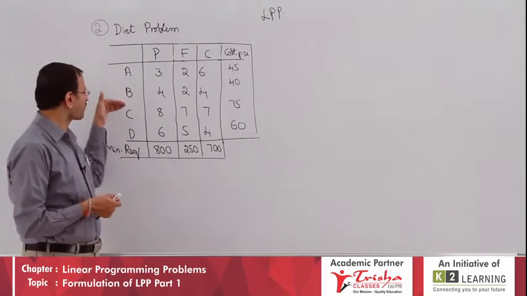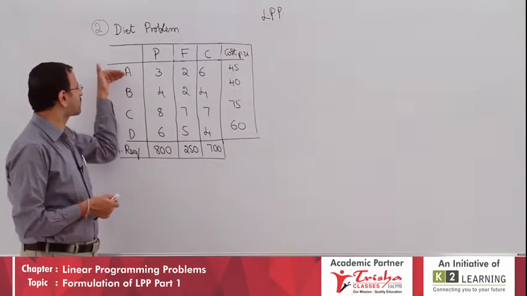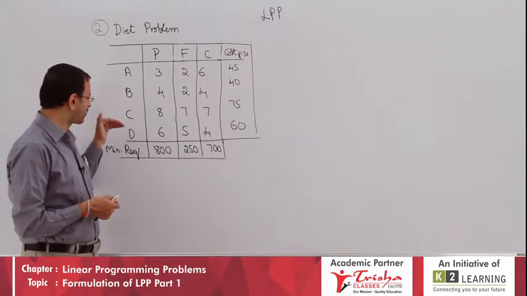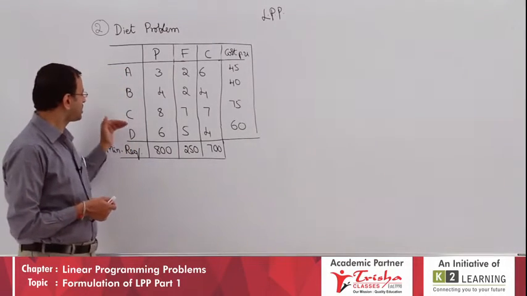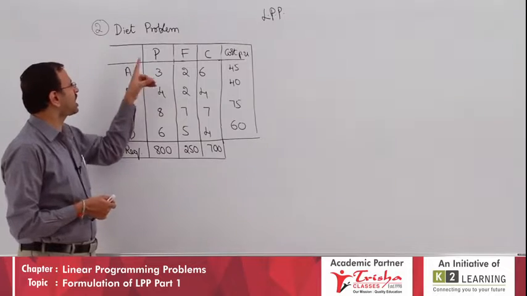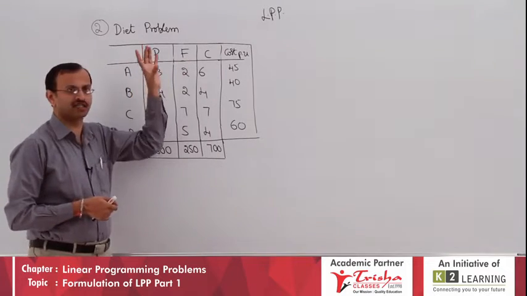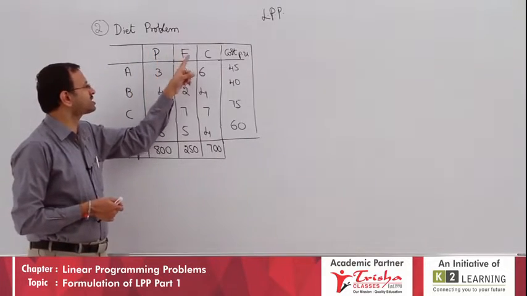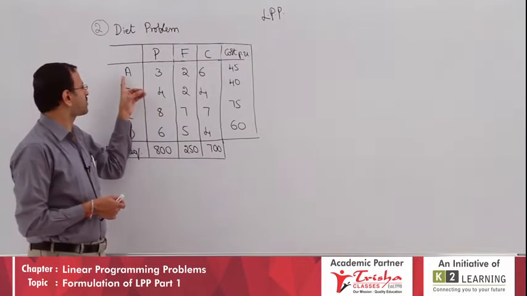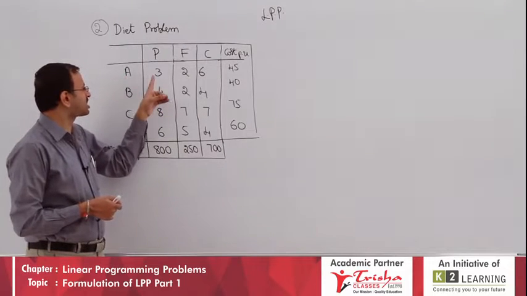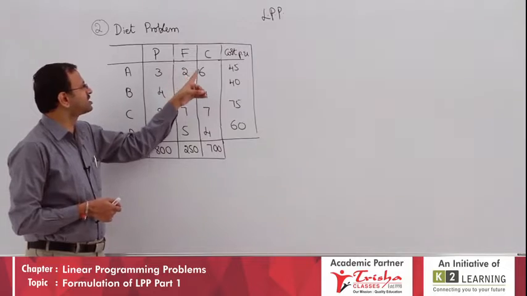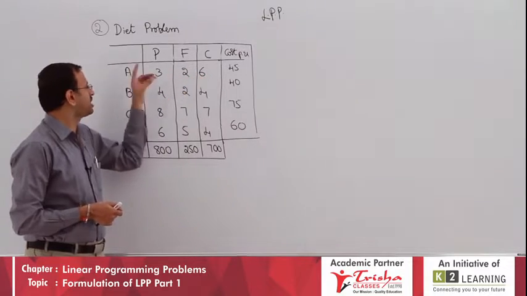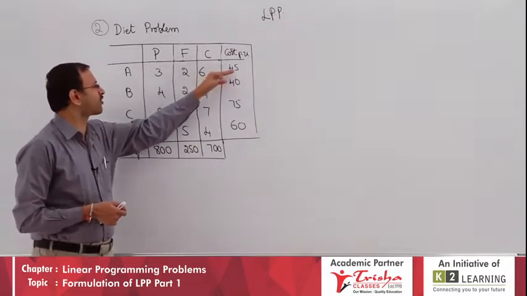There are 4 food products, food A, food B, food C, food D, or products A, B, C, D. All these 4 products have 3 ingredients: proteins, fats, carbohydrates. Product A has 3 units of proteins, 2 units of fats, 6 units of carbohydrates, and product A will cost 45.